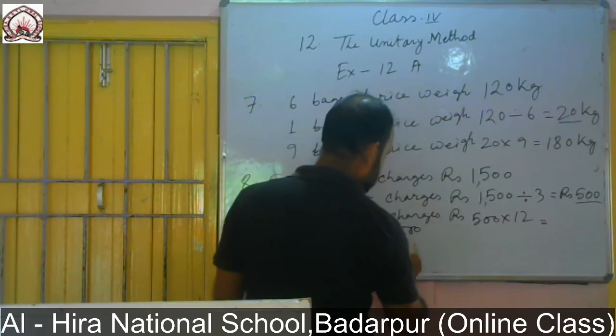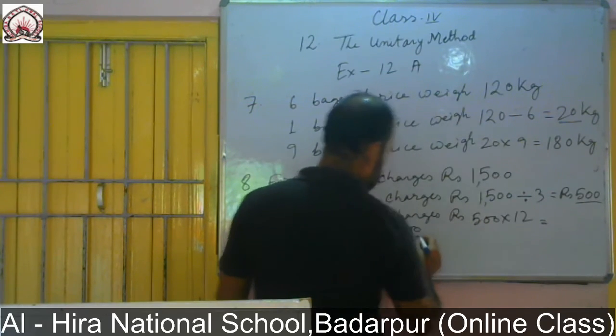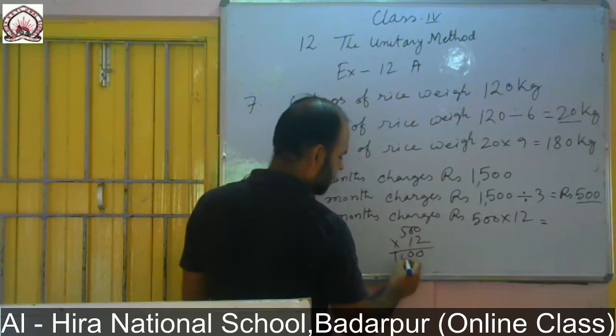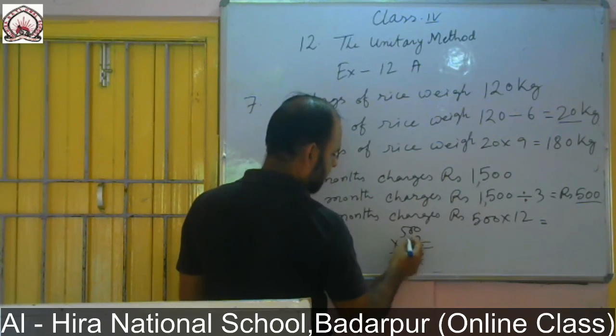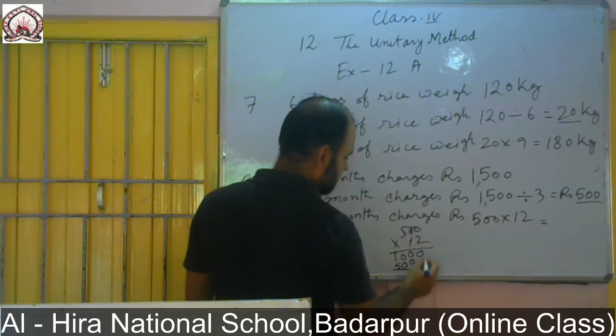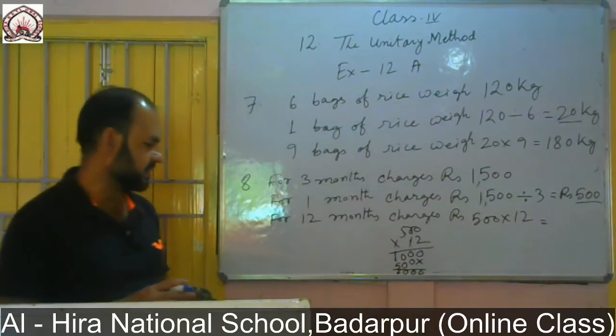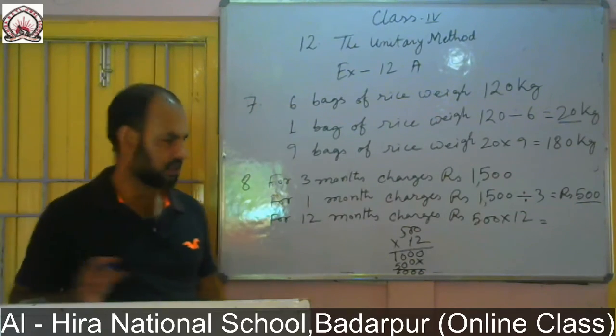500 into 12. 2 zeros are 0, 2 zeros are 0, 2 fives are 10. 1 zeros are 0, 1 zeros are 0, 5 ones are 5. So here 0 0 0 6. That means it is 6000.